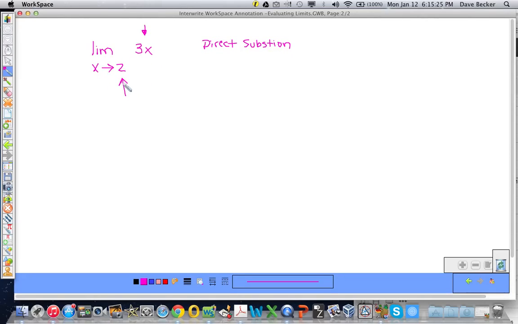So in this case, this is simply going to be equal to 3 times 2, which is 6. And it's true, because as x gets closer and closer to 2, the function 3x gets closer and closer to 6.